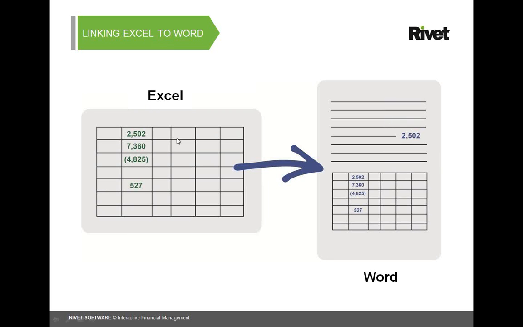This 2502 can be linked to a table, to narrative, to numerous different sections within a document, and can even be linked to other documents, so that when that 2502 changes, you change that number once in Excel, and then the links to the disclosures and any other reports are automatically updated.